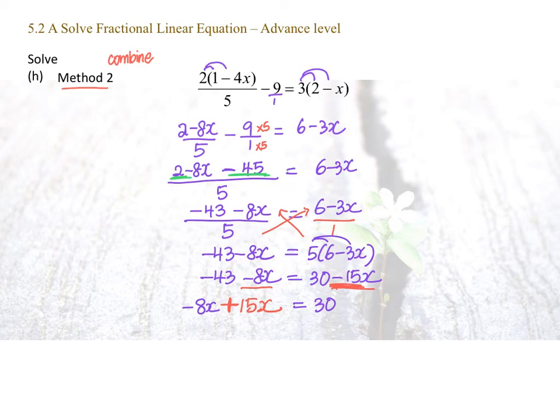We're going to migrate 43 over, so we're going to add 43, and in simplified form we will have 7x to be equals to 73. Therefore x will be equals to 73 over 7. Have you gotten the answer?